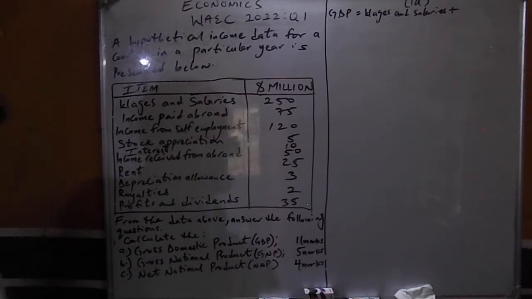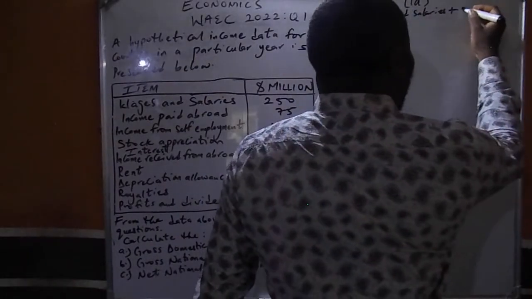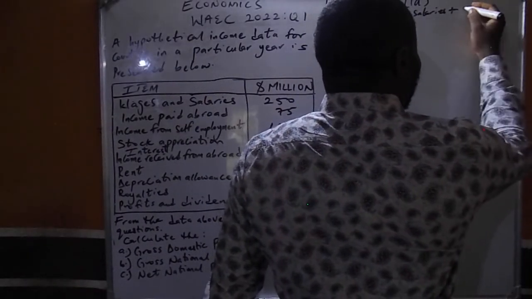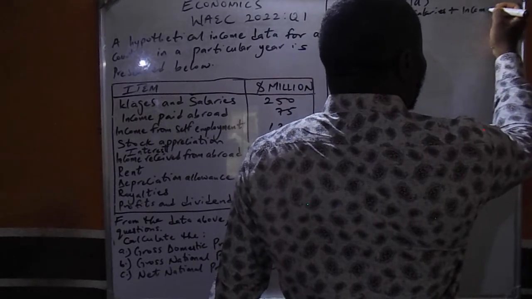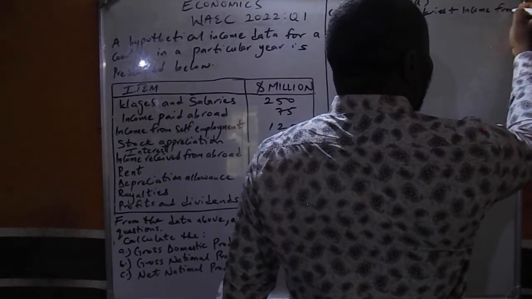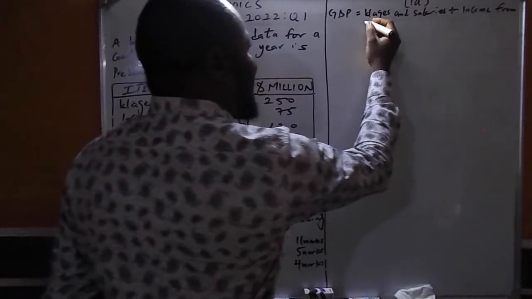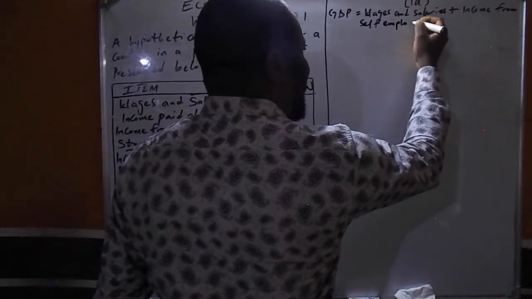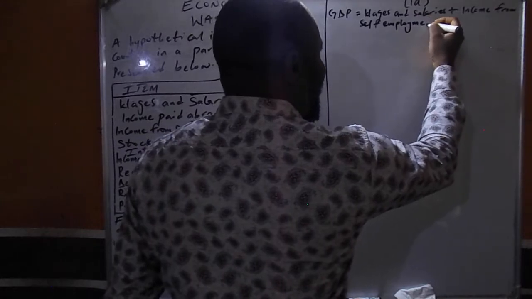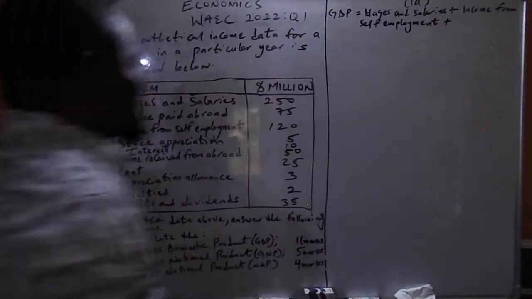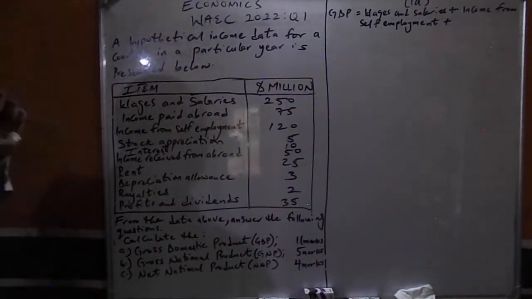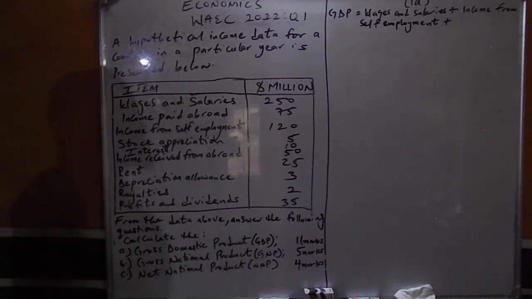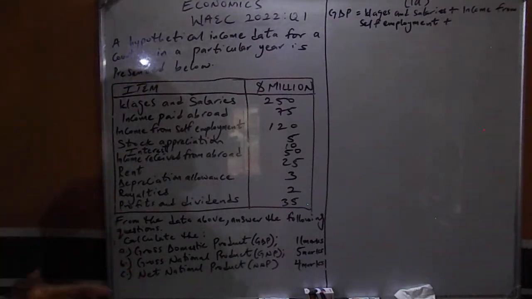Income from self-employment, then you have income from self-employment, plus. After income from self-employment, you have stock appreciation. Yes, it's part of GDP, but you have to deduct stock appreciation. You don't add stock appreciation, so leave it for now.